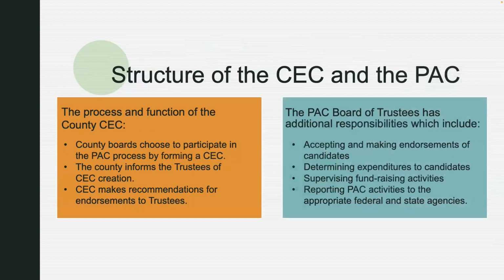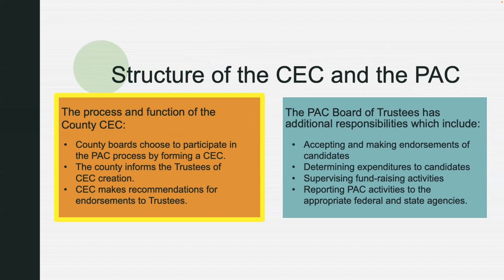So what is the structure of the CEC and the PAC? Well, first, the function and process of the county CEC is that the County Farm Bureau needs to first choose whether they want to participate in the PAC process, and they participate by forming a county CEC.